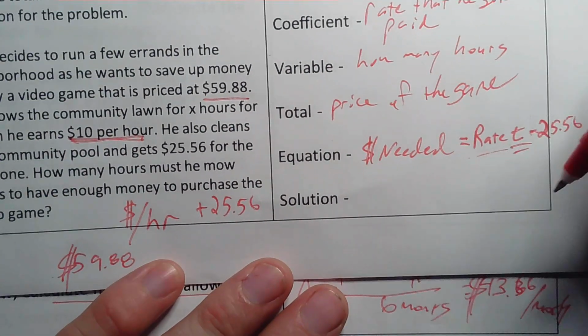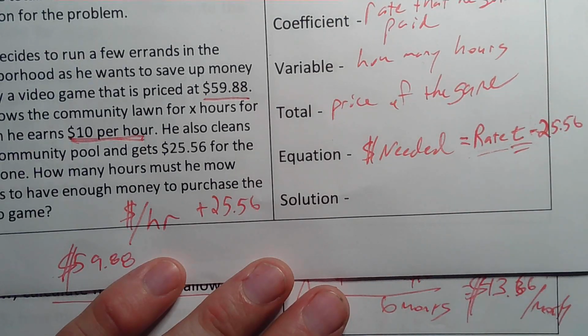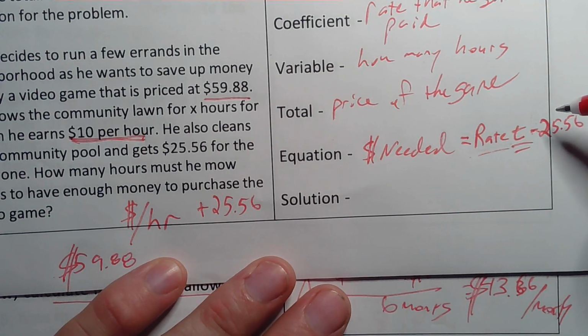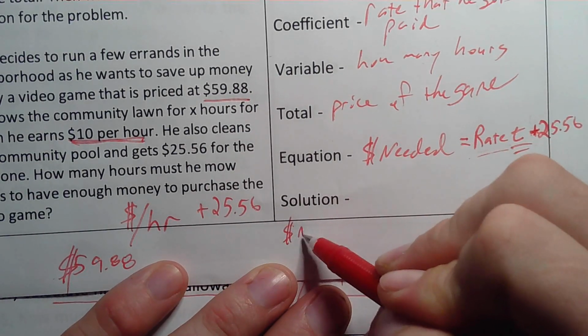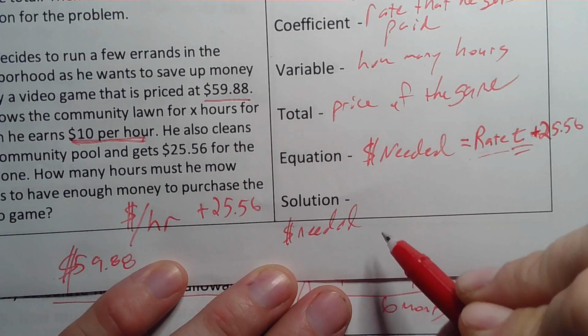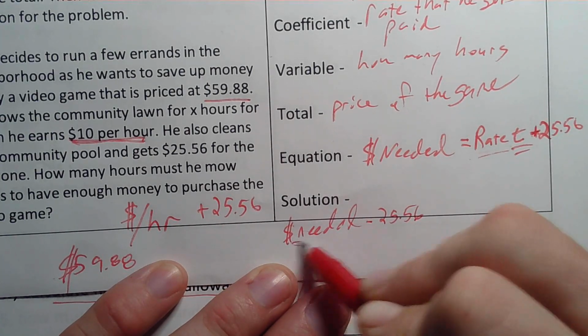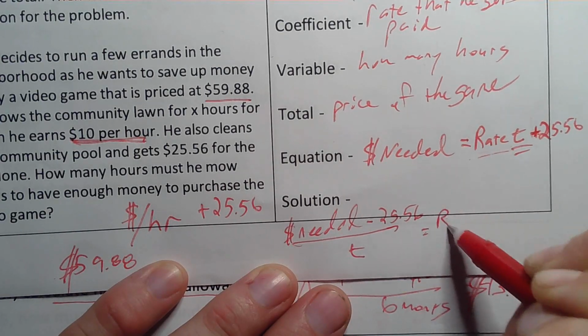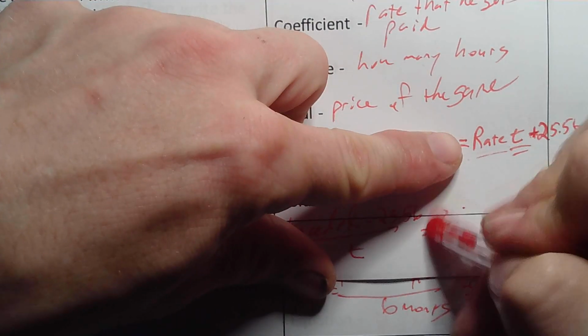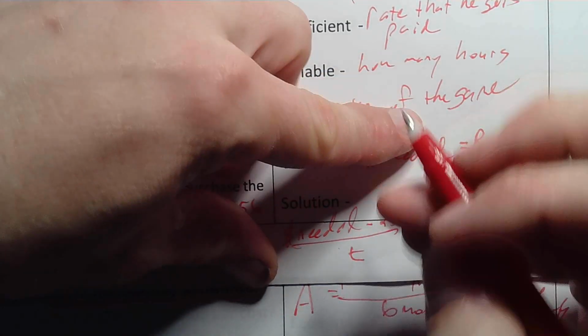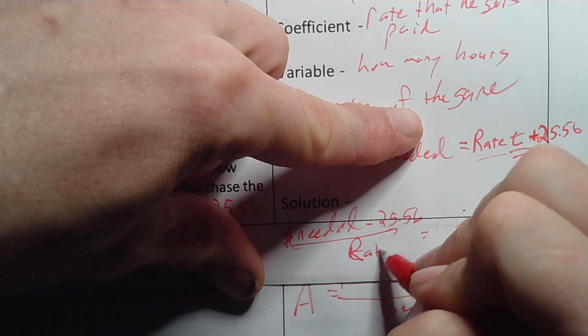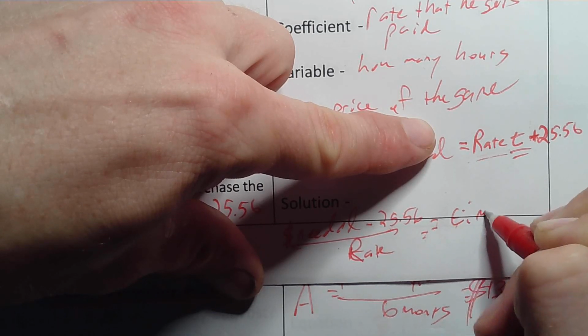So the solution, here we go. We have to rearrange this to solve for t. The first thing we're going to do is the money needed, the dollar amount needed, minus 25.56, divided by the rate equals the time.